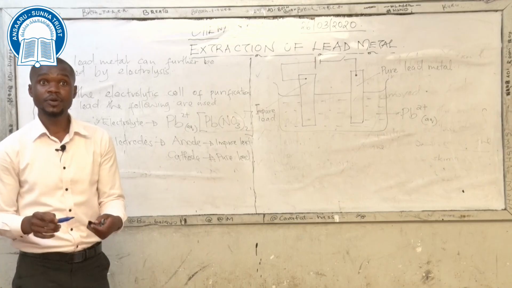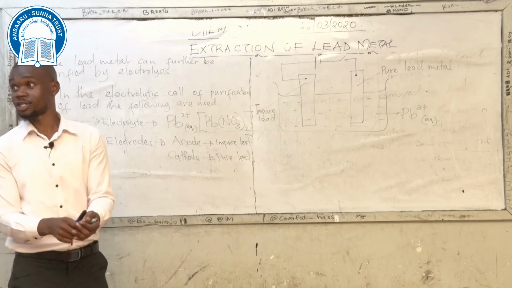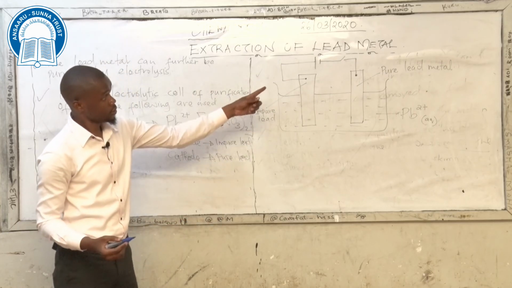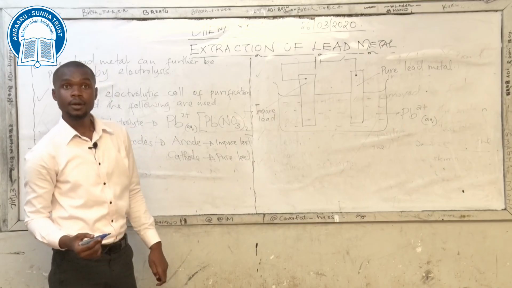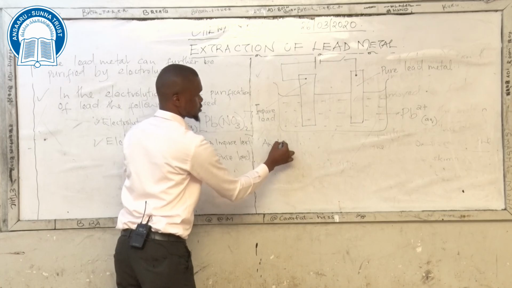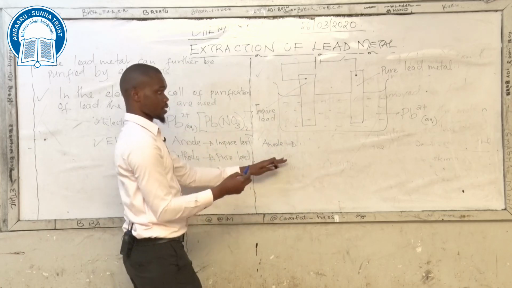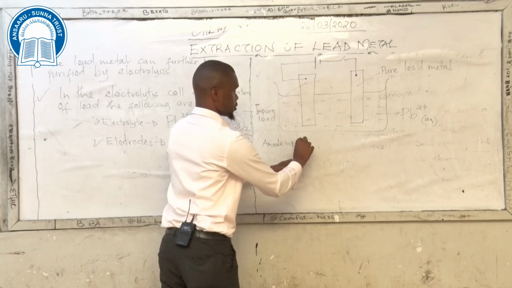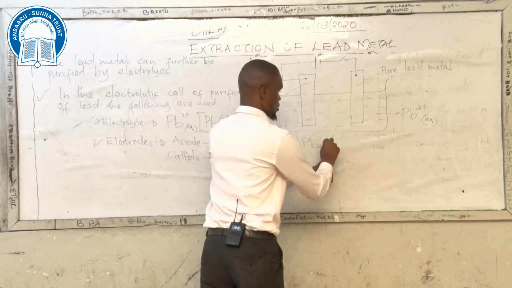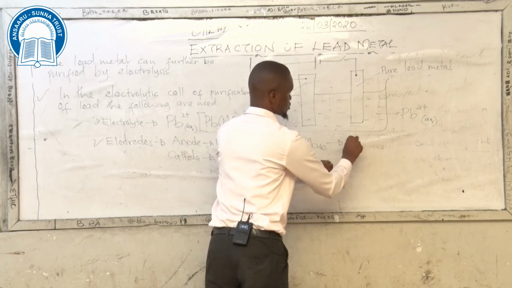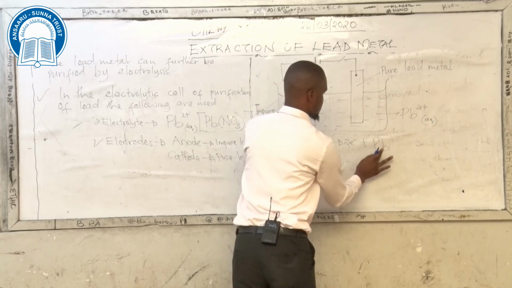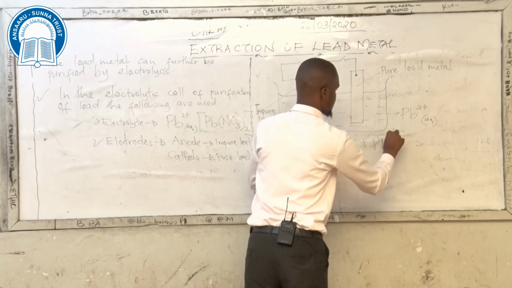Now, during the purification, at the anode, which is made of impure lead, the pure part of the metal dissolves according to this equation: lead solid losing 2 electrons to form lead 2 ions.